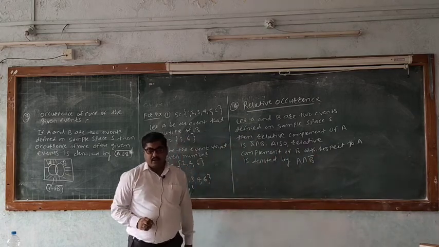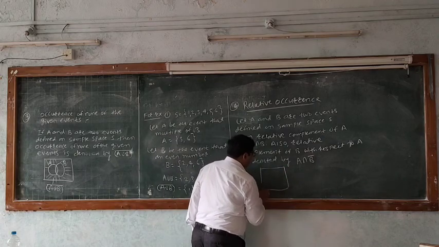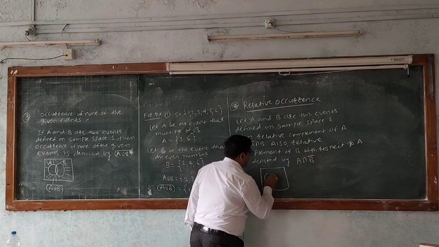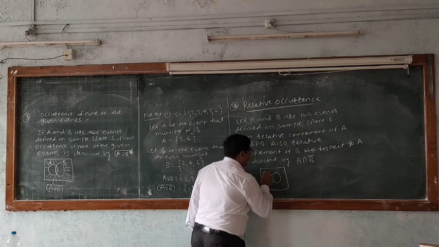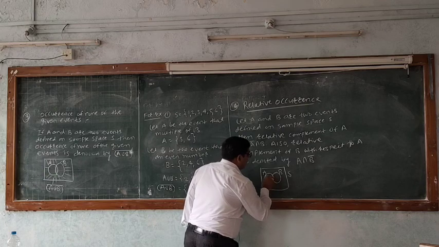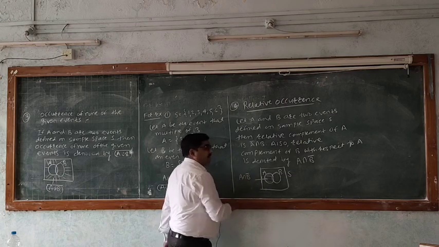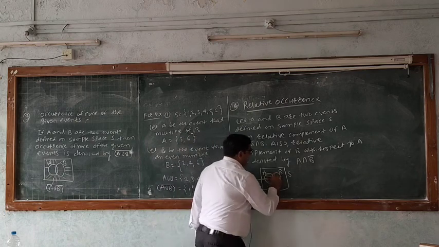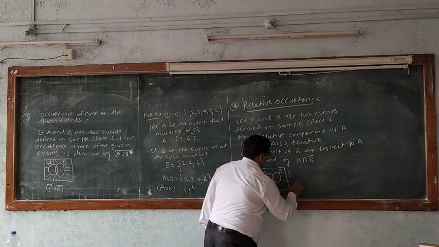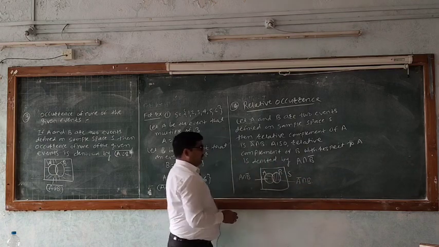This is your relative complement. Suppose you draw the Venn diagram A, B, this is your S. This is your A intersection B bar, right, student? And this is your A bar intersection B, right?